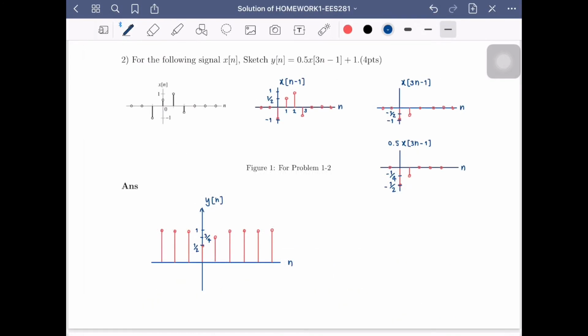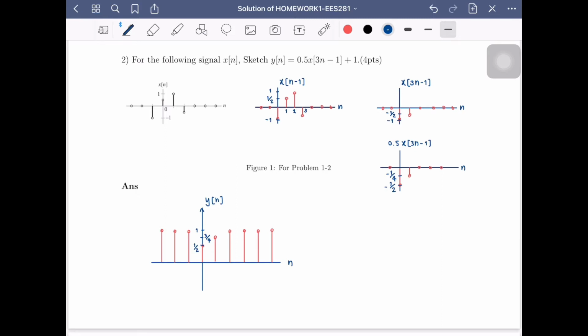The second question, we have to sketch y[n] equal to half of x[3n minus 1] plus 1. So the first one, we have to find x[n minus 1]. As n minus 1, we know that the signal moves to the right by one.